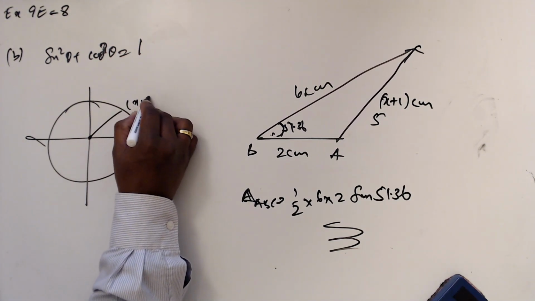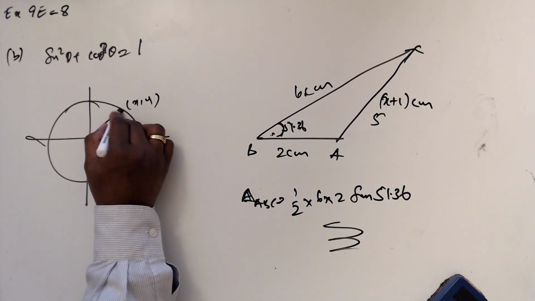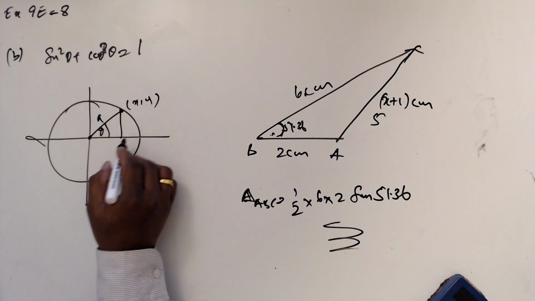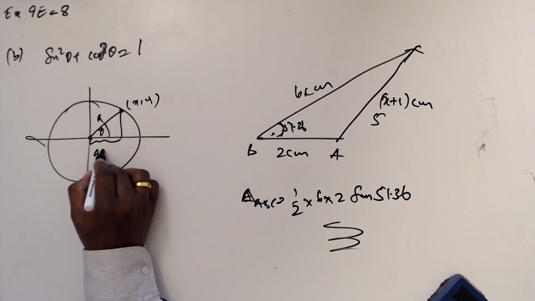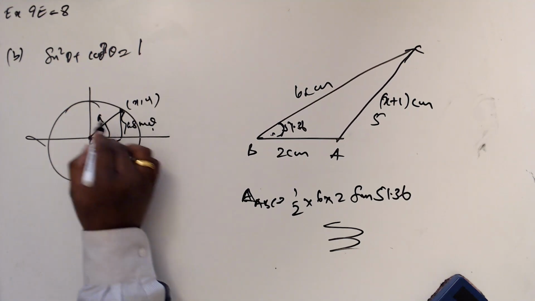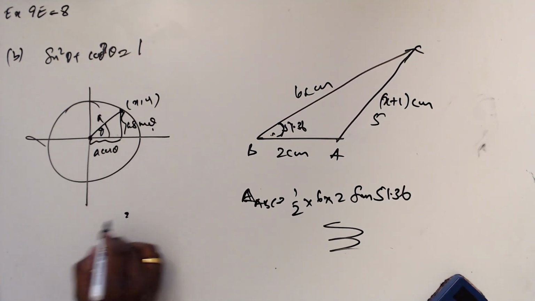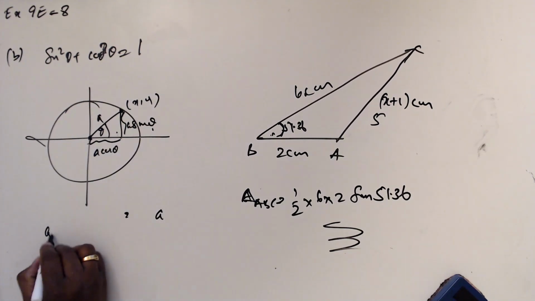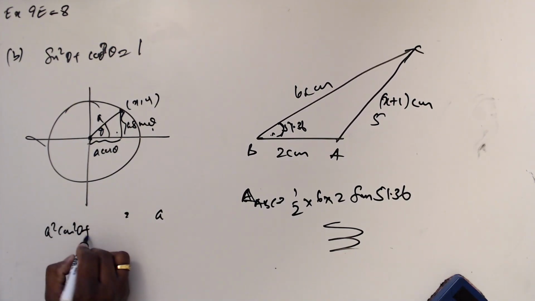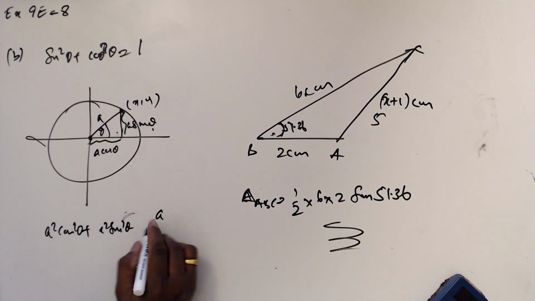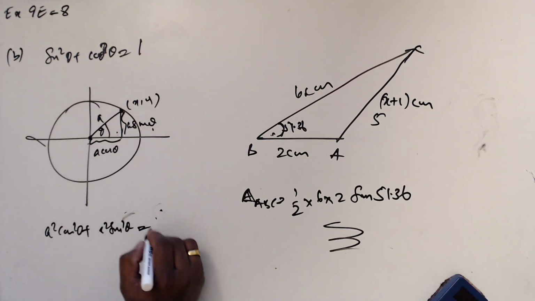It's something like this. If this is the x and y point, if you take theta and this is a, you can write this is a cos theta. This is a sine theta. By Pythagoras, a square cos square theta plus a square sine square theta equals a square.